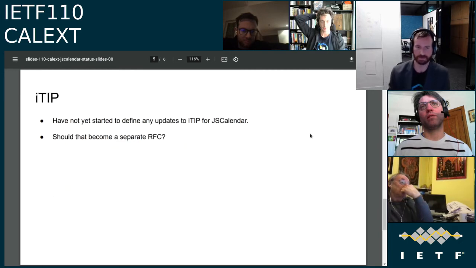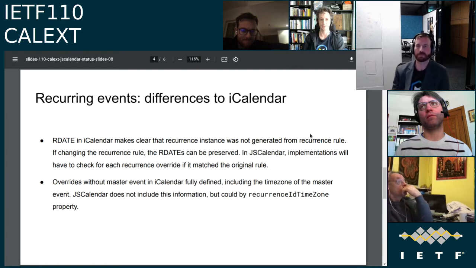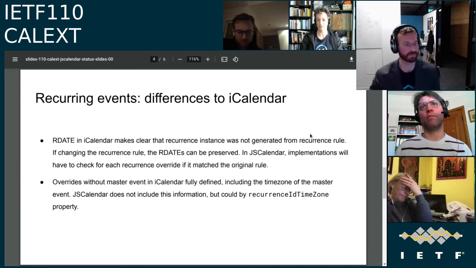And the other thing, I think this was already discussed on the mailing list, is about standalone events. Standalone recurrence instances of an event on the previous slide. So the question was that with the standalone recurrence instance, you don't know the time zone of the main event.